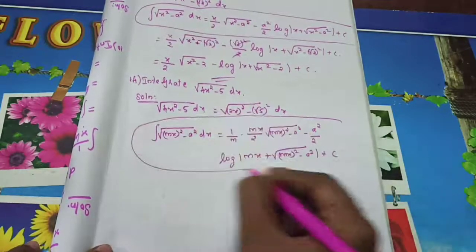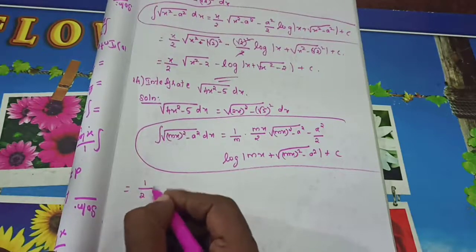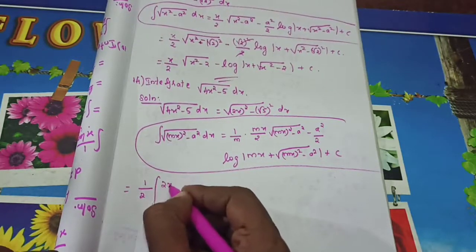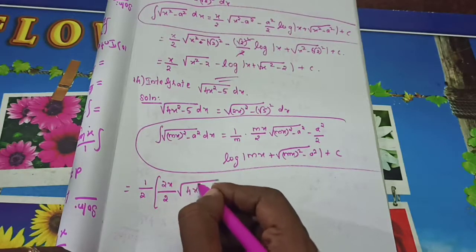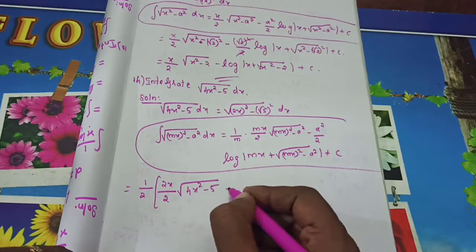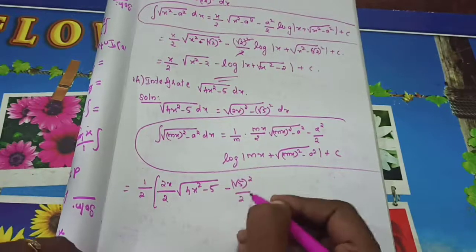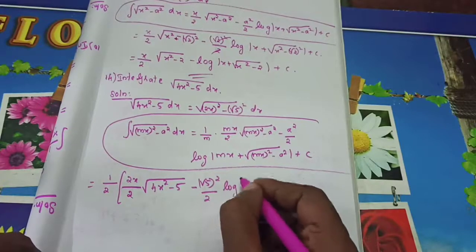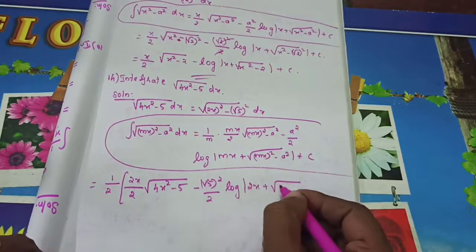So this is the formula we are going to substitute here. Equal to 1 by 2 into 2x by 2 square root of 4x² minus 5 minus (root 5) the whole square by 2 log of modulus of 2x plus square root of 4x² minus 5. You can simplify directly.